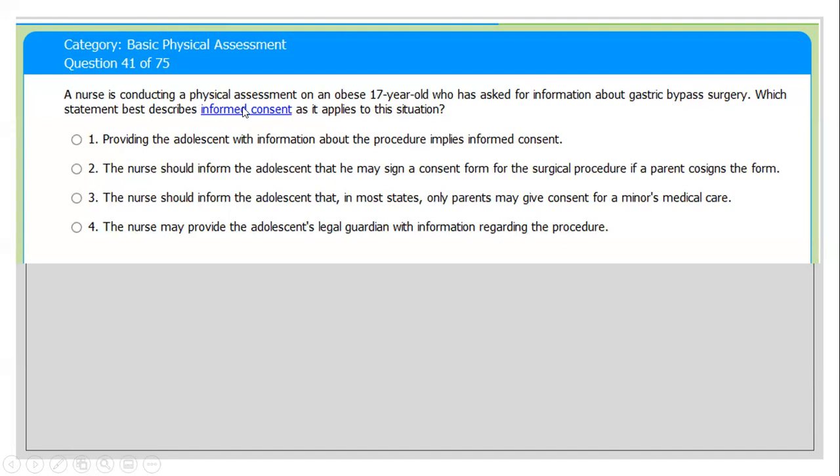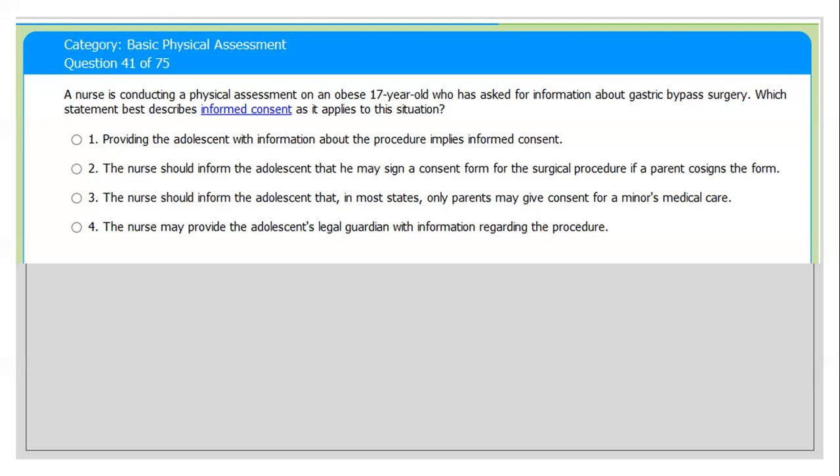Informed consent must be obtained from a client or their healthcare proxy for any invasive procedure. For gastric bypass surgery, it is obtained by the healthcare provider, like the physician, while the nurse's role is to ensure that the consent is signed and in the chart prior to the procedure.